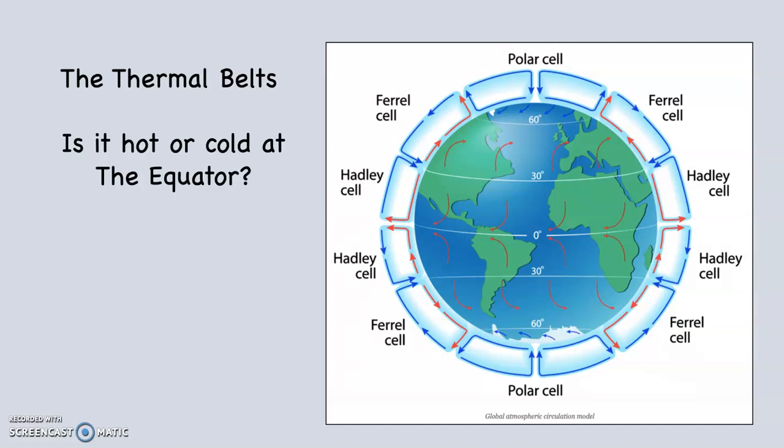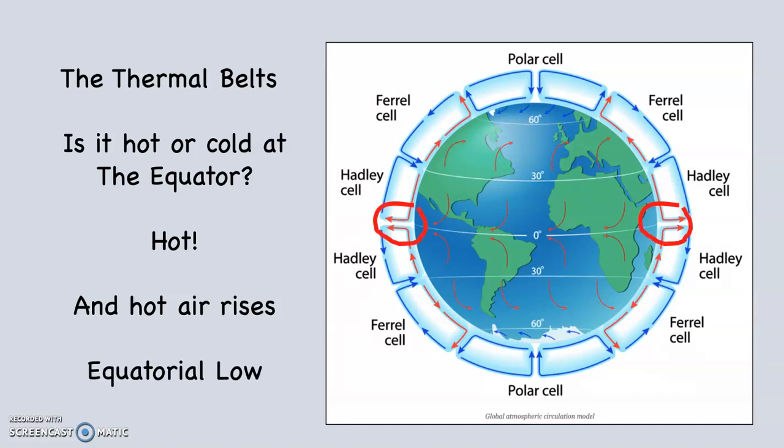Let's start at the equator. At the equator, is it hot or is it cold? Answer is hot. And what does hot air do? Hot air rises. Rising air creates what kind of pressure system? That's right, low.